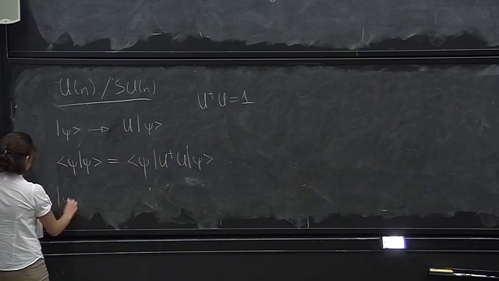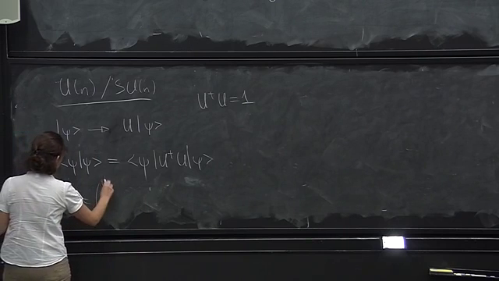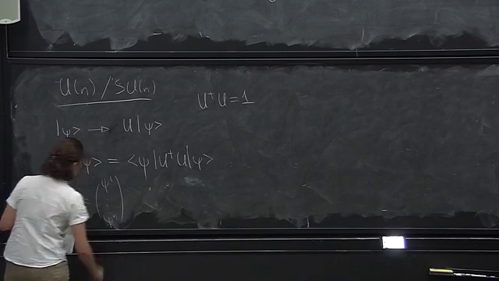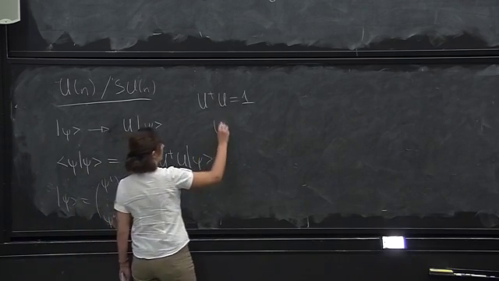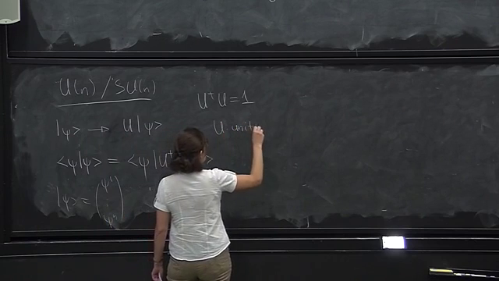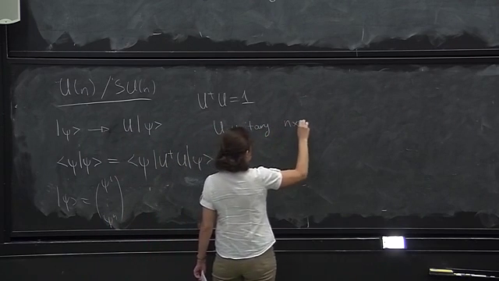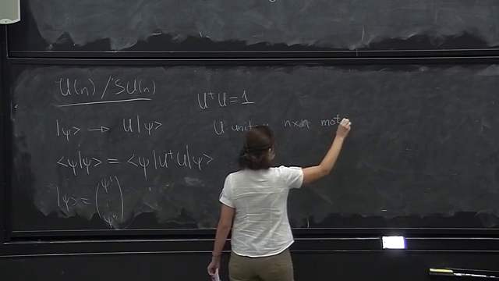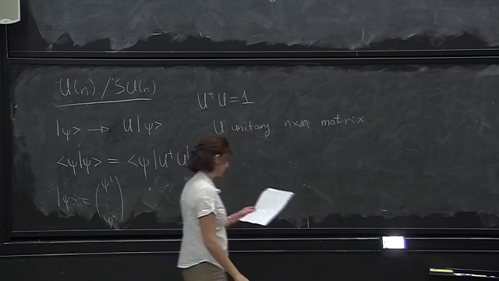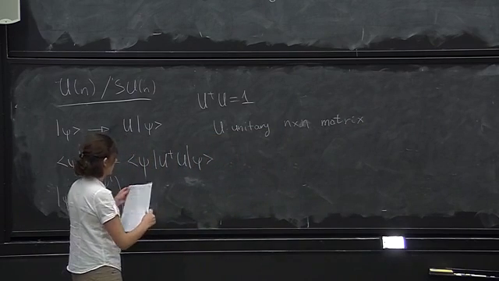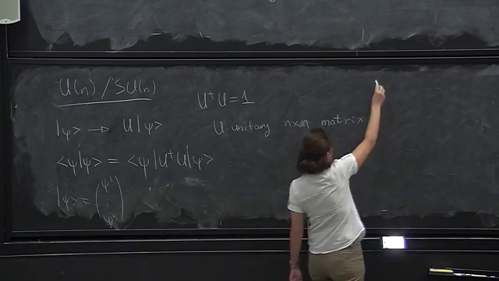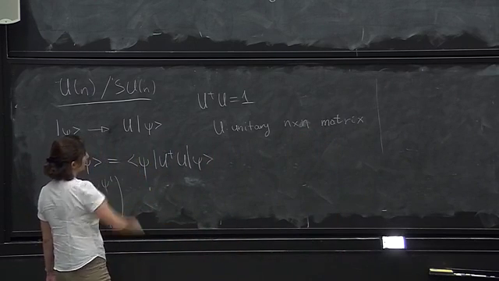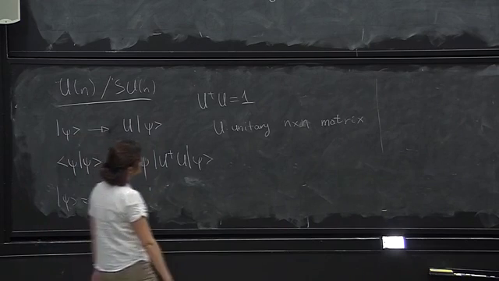So as long as psi has n components, psi 1 to psi n, U has to be a unitary n by n matrix. And we have again some options for the sign of the determinant of U.